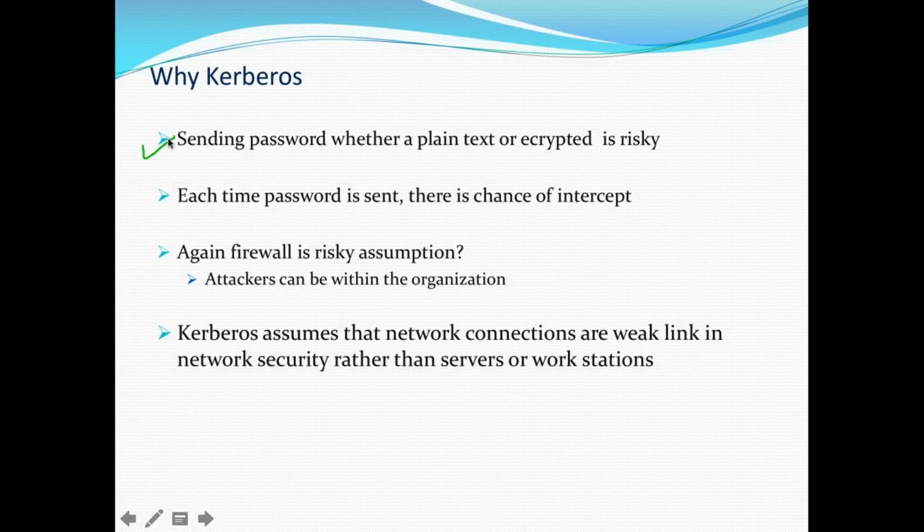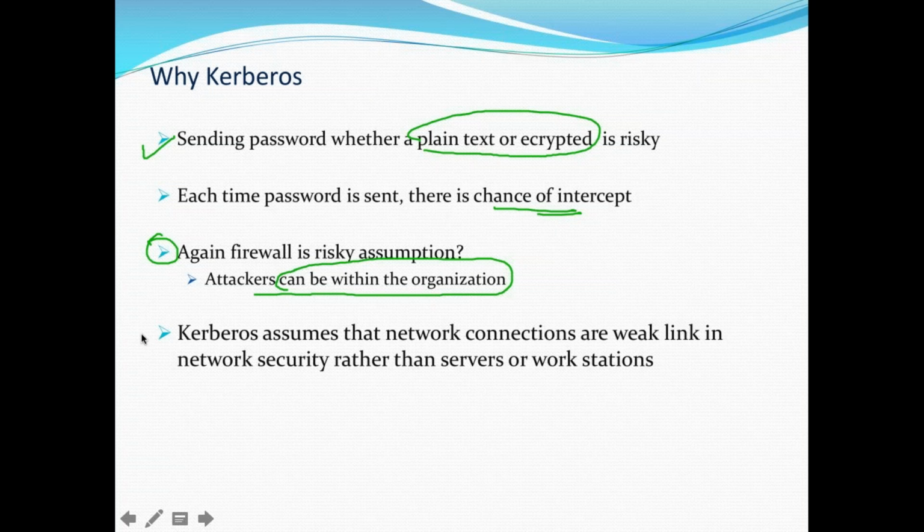As I just explained, sending a password, whether plain text or encrypted, is a risky option, because every time you send a password over the network, there's a chance of interception. A firewall is also a risky assumption, because as I've told you, attackers can be within the organization, knowingly or unknowingly trying to hack your machines, which is again a security breach.